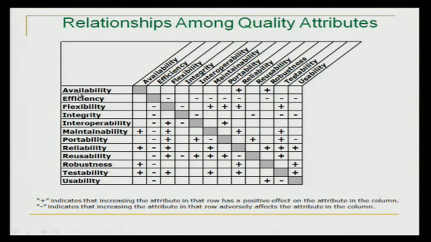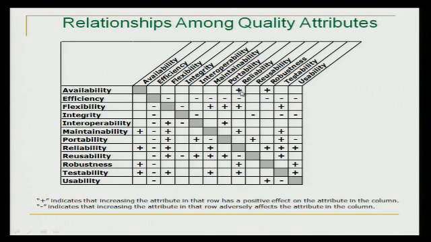I have a non-complete list, because there could be more of these, but I have some non-functional requirements across both axes, same ones. So that's why this diagonal is grayed out, because availability doesn't have any impact on availability. So we don't have to consider this. But every other one of these, we should rate how they would hurt or help other non-functional requirements.